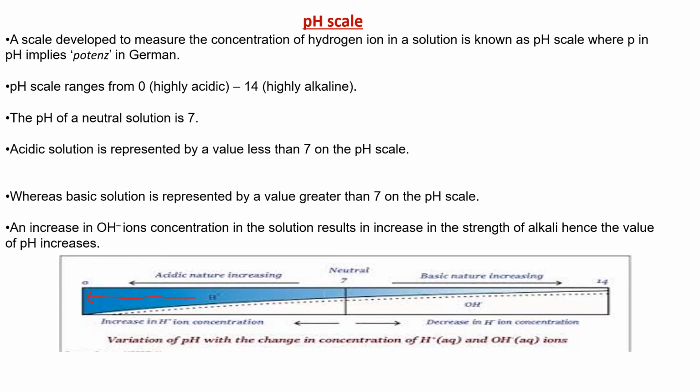Let's take 7 as neutral. 7 on the pH scale is neutral. Below 7 on the pH scale is acidic, and above 7, if you go towards 14, the pH value is more than 7, and definitely that substance or compound is basic in nature.